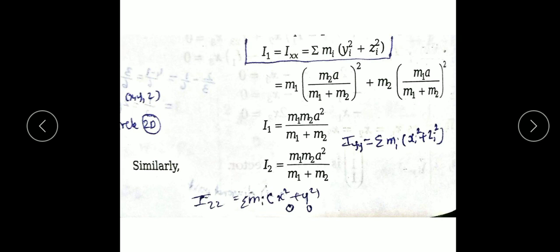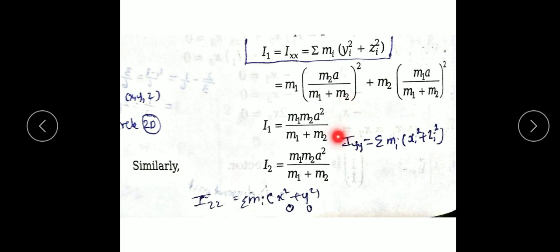So in the numerator m1 plus m2, and in the denominator m1 plus m2 whole square, after cancellation we would have this overall.